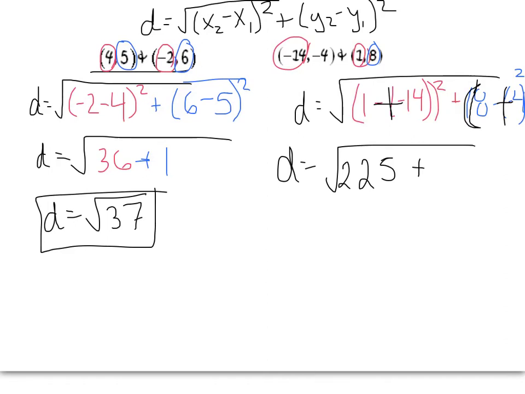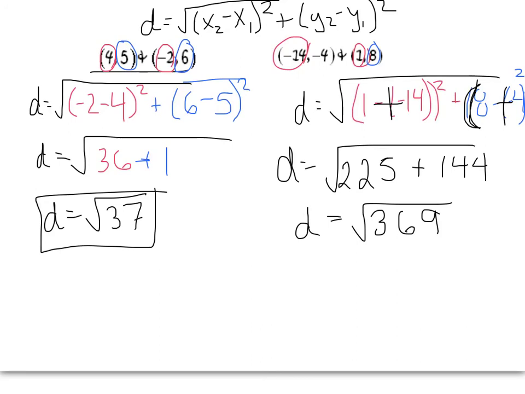And I've got an 8 plus 4, squared is 144. Okay, so that was 12 squared. So if I add those two together, I get 369 underneath my radical.